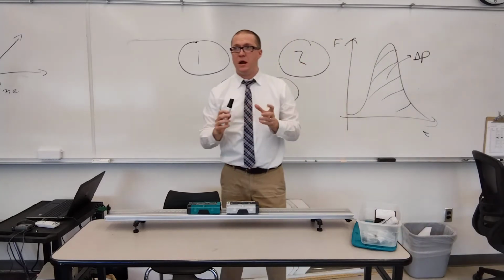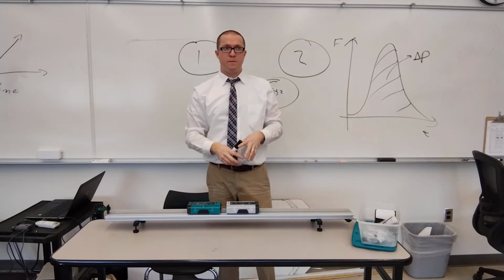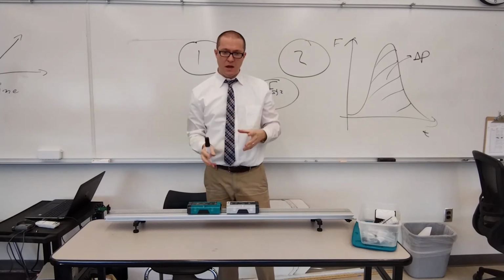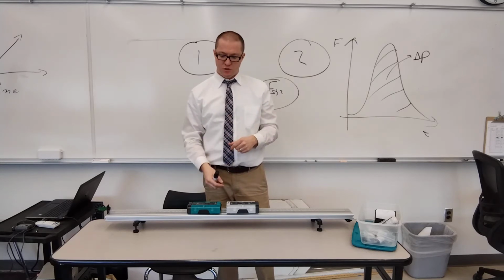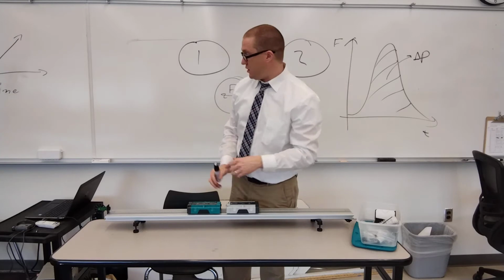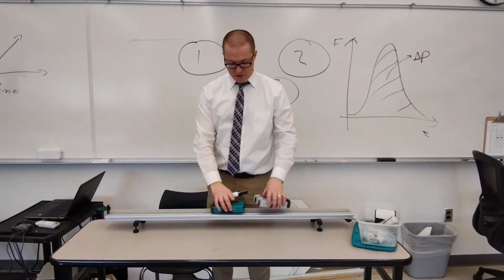Now that impulse that's given to each object has the same magnitude for each object, but in opposite directions. So if this car is moving in the positive direction, its impulse is in the negative direction.